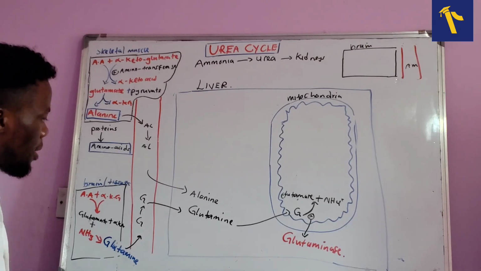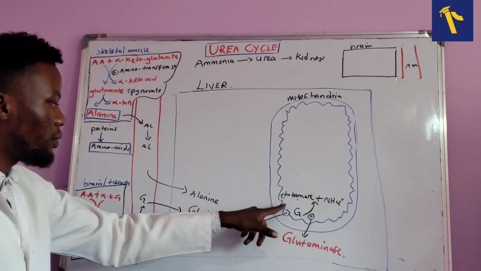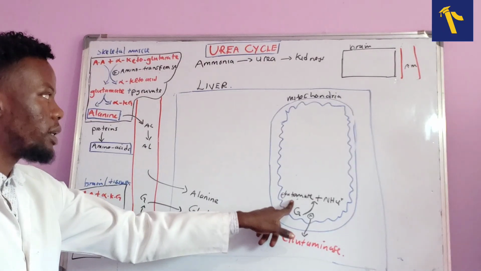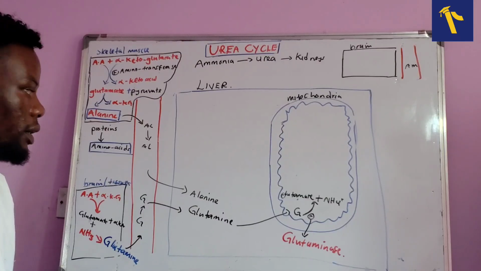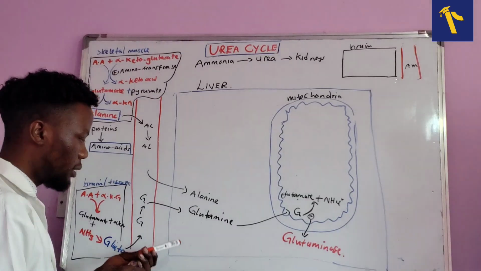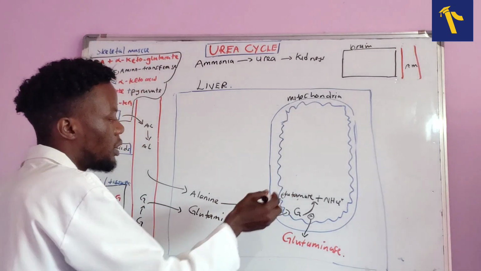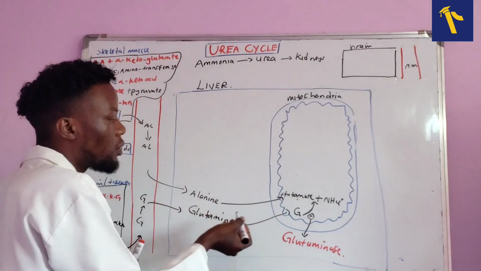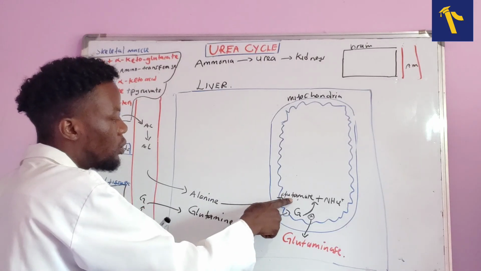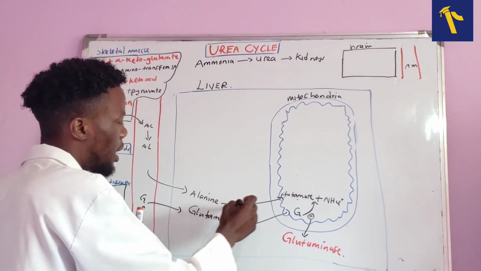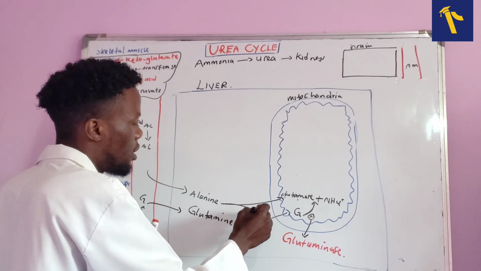Now, alanine also can be taken into the mitochondria, and there will be conversion of alanine into something. This alanine has that ability to be taken into the liver, and it's going to be converted into glutamate, as well as another important substance, which is pyruvate.